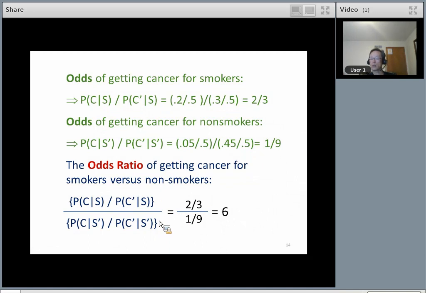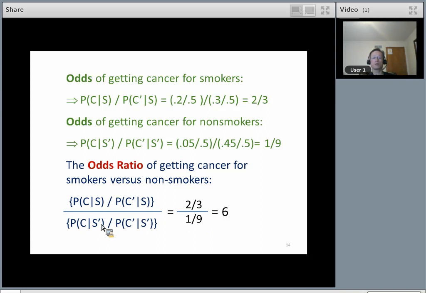Sometimes people say that since the odds ratio is 6, if you smoke you're 6 times more likely than a non-smoker to have disease. That's a wrong statement. If you say 6 times more likely, you're using probability, but here we are not using probability. We're using odds. So the only conclusion is that the odds ratio is 6, which means the odds of a smoker to have disease is 6 times the odds of a non-smoker to have disease.